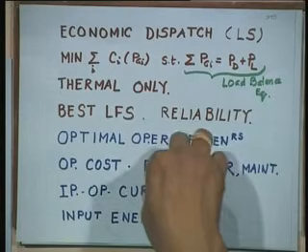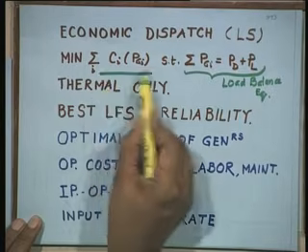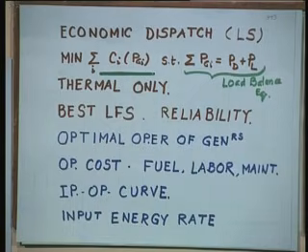Well, you go to a garage for maintenance, it is not free, unless it is the first three coupons when you purchase a vehicle, then you get those things, that is courtesy or complimentary. But normally any maintenance, any repair will cost you money. So that also has to be included in operating cost. So in fact, what we are minimizing here is the total operating cost. Fuel cost is a major factor there.